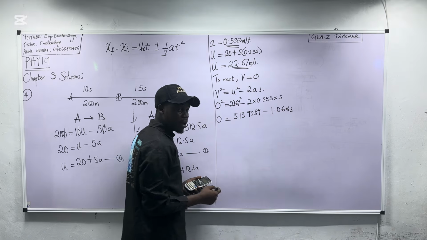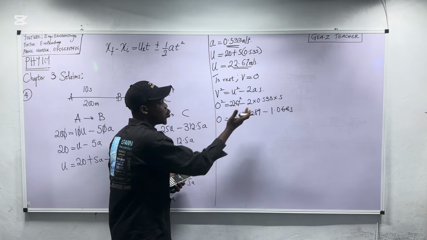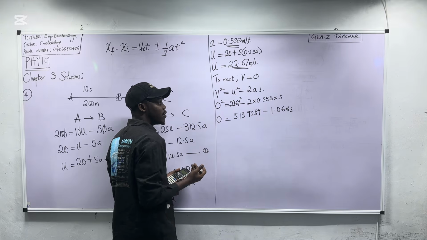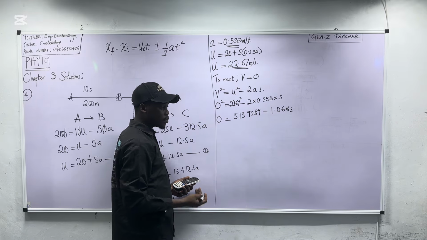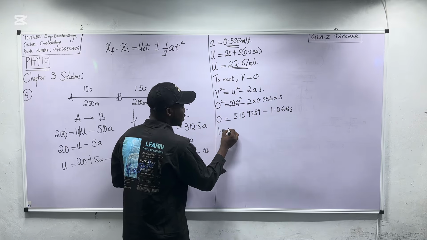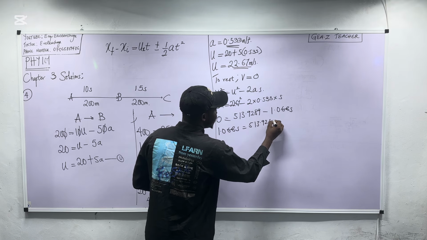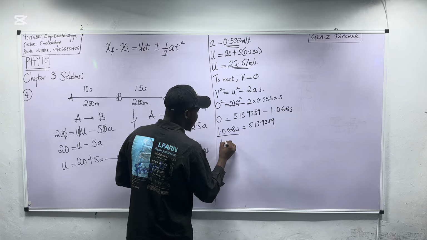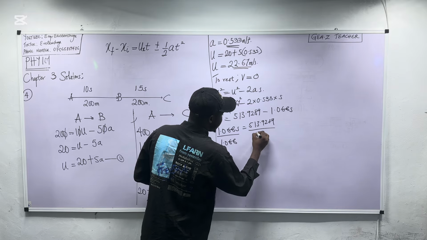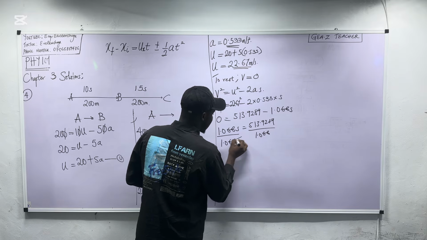1.066s. We are solving for s, so we take this value up to the left hand side, and it becomes positive. We then say 1.066s equals 513.9289. We divide both sides by 1.066, and they cancel.